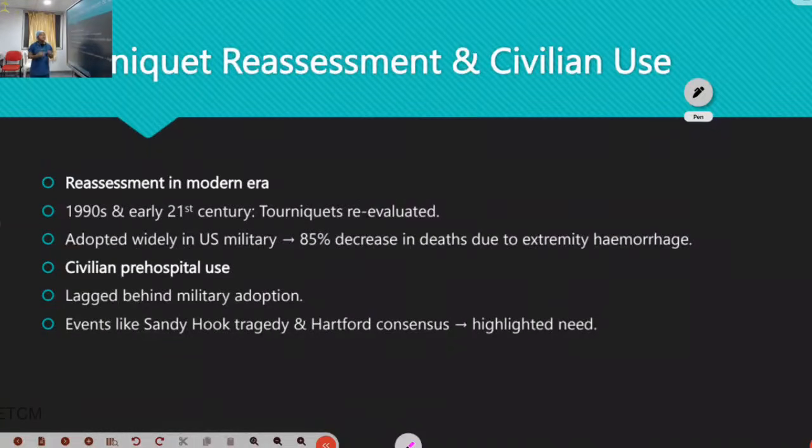Later, in the 1990s and early 21st century, the use of tourniquet was re-evaluated, and it was brought back into use.